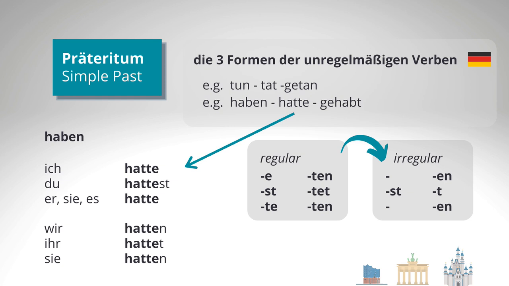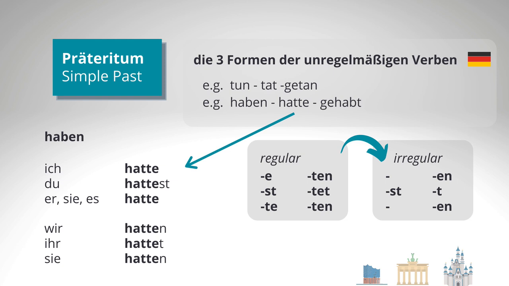What we're going to do now is add the endings for irregular verbs in the Präteritum. Ich hatte, du hattest, sie es hatte, wir hatten, ihr hattet and sie hatten. One more time. You take hatte, the Präteritum form of the first person singular, and then you add the endings on the right, so the endings for the irregular verbs in the Präteritum.